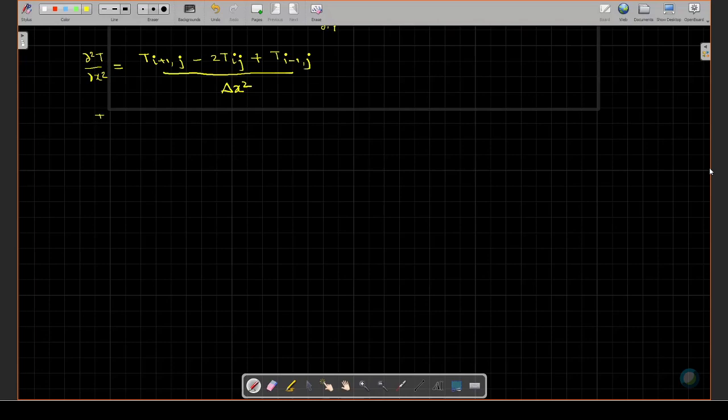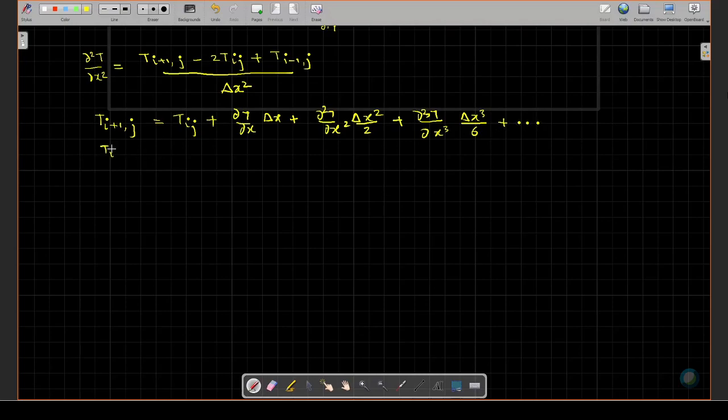Again, you write a Taylor series for T at i plus 1, j, which will be equal to T ij plus dT dx delta x plus d2T dx2 delta x square by 2 factorial plus d3T dx3 delta x cube by 3 factorial, and like this.